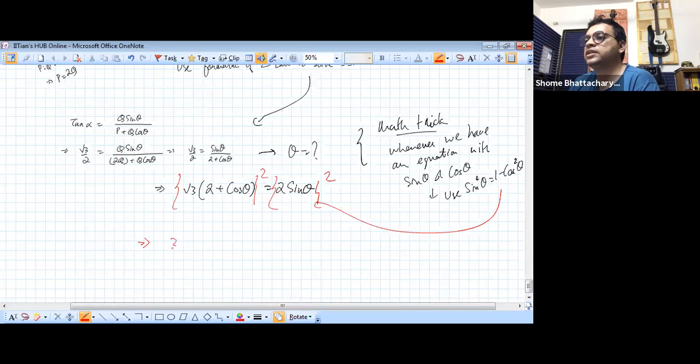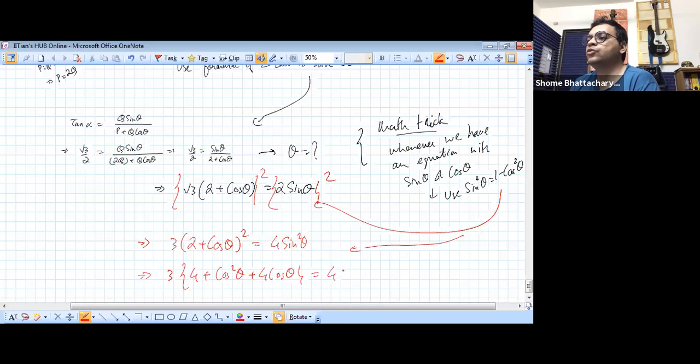So you'll get 3 times (2 plus cos theta) whole square is 4 sin square theta. Now put this over here. This will become 3 into (4 plus cos square theta plus 4 cos theta) is equal to 4 into (1 minus cos square theta). So this became a quadratic equation in cos theta, which we can solve easily now.